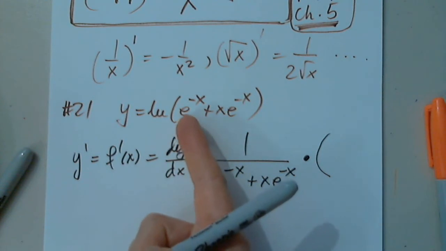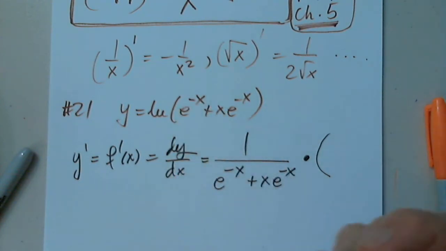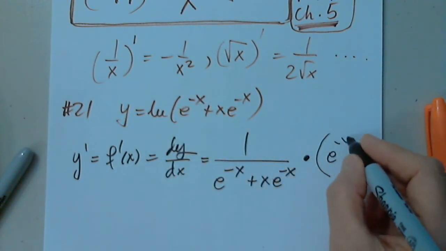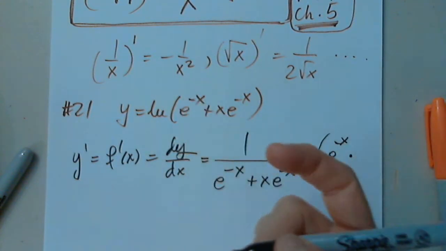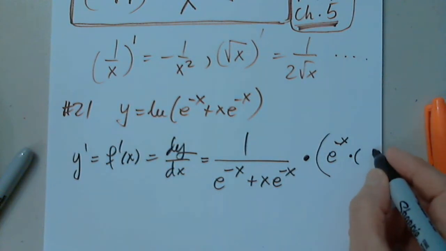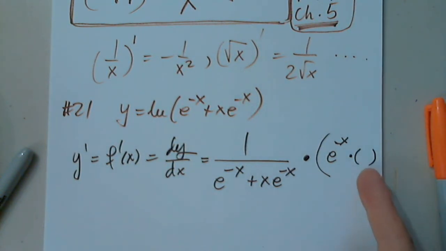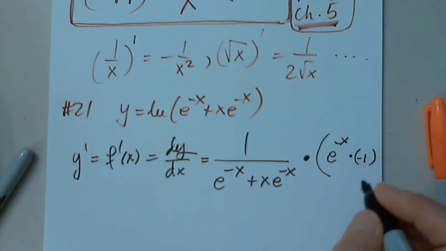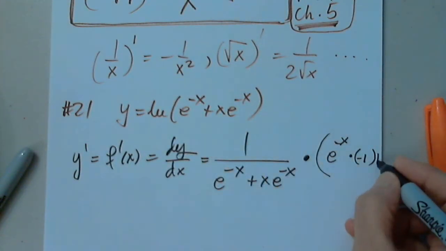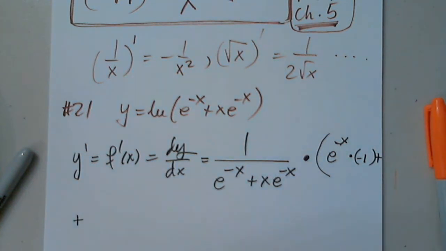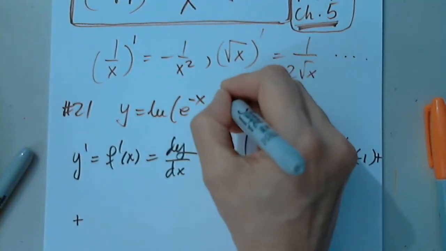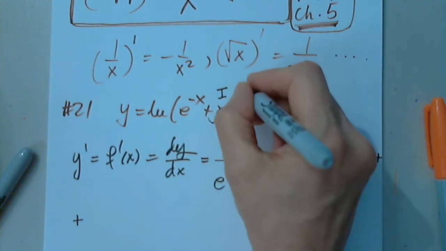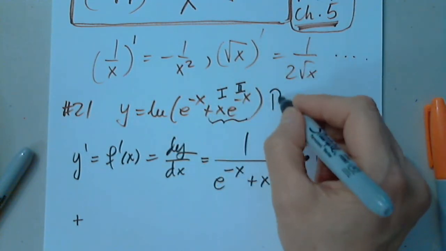So I have to differentiate e to negative x. I do have e to negative x, but times the inner function prime. What is the inner function prime? -1. Plus. Now I'm in trouble. No, I'm not. But I have to understand that this is function 1 and this is function 2. This is a product.